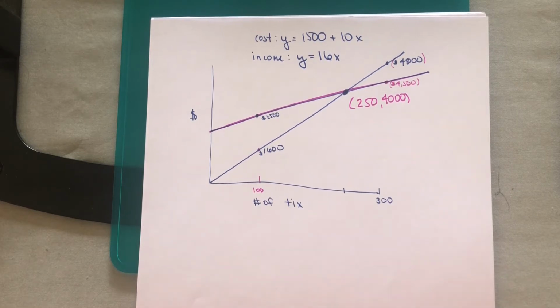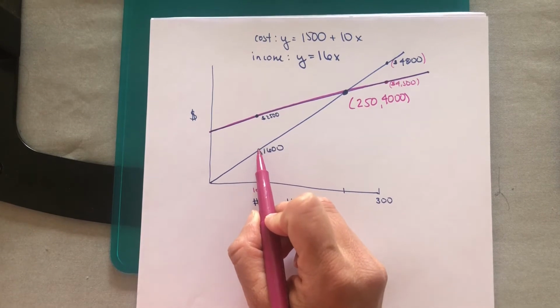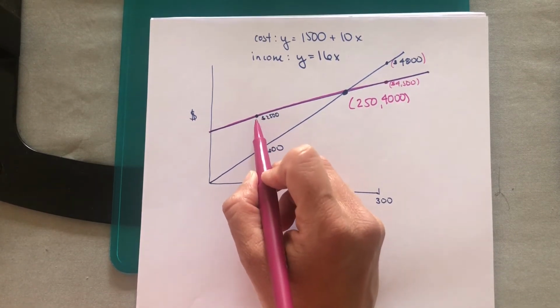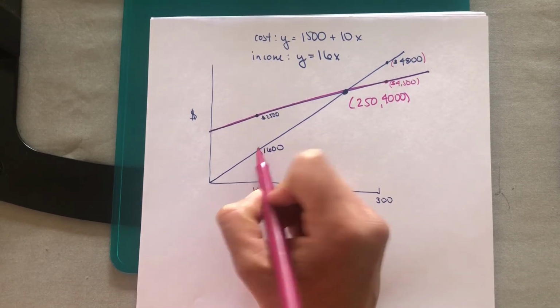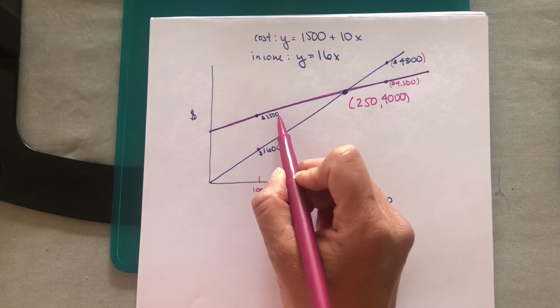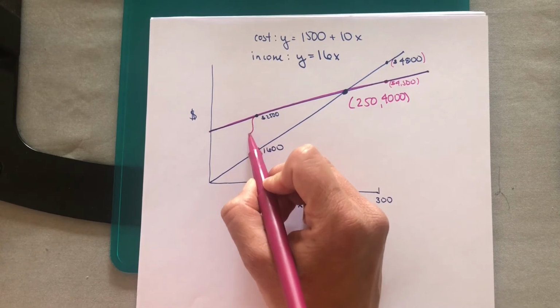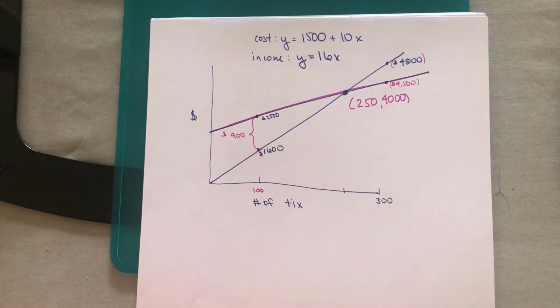So say, for example, at 100 tickets, the value of the income line was $1,600, and the value of the cost line was $2,500. So at that point, if you had 100 people attend your event, you would have spent $2,500, but only made $1,600. So the difference there is $900. And in that case, that's a loss because that's money that you've paid and you didn't get back.